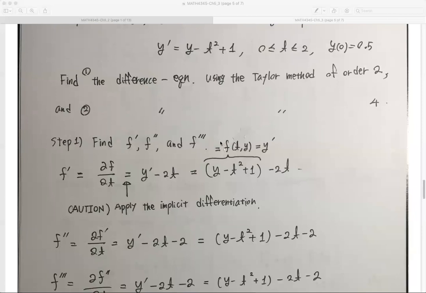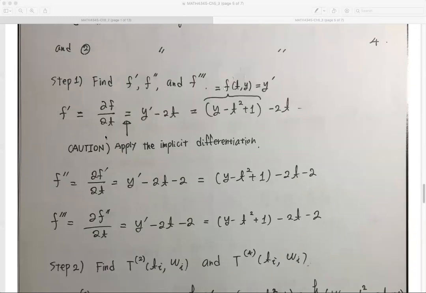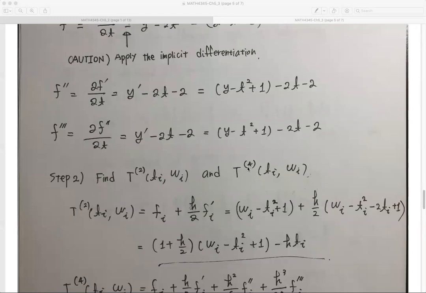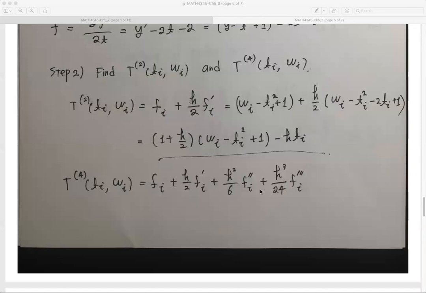So here, to figure out the Taylor method of order 2 and 4, we need to figure out the derivatives of f, first, second, third, up to the third derivative of f. So we find f prime, the second derivative, and the third derivative, and then we figure out T2 and T4. Okay, so we get this, and then we get that.